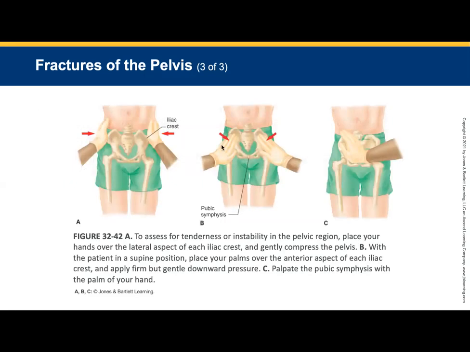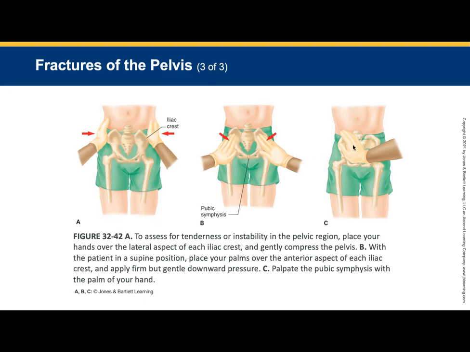So here, what we have to be careful of is when we palpate the hips. When you're pushing in on both, you're pushing against this iliac crest right here. So you're checking this area for stability and this right here. When you push down on the top of the pelvis, you're checking the stability of this pubic stiffness.